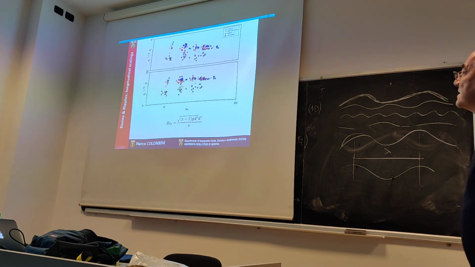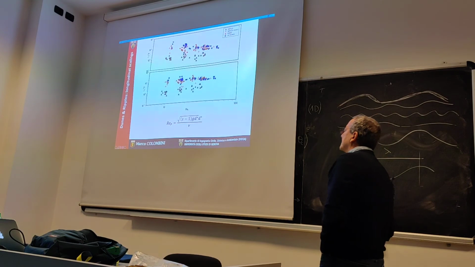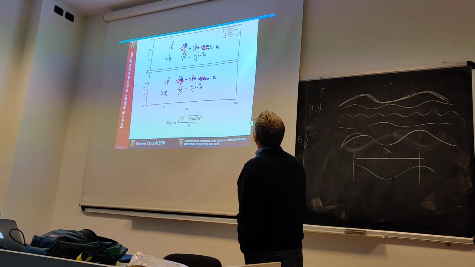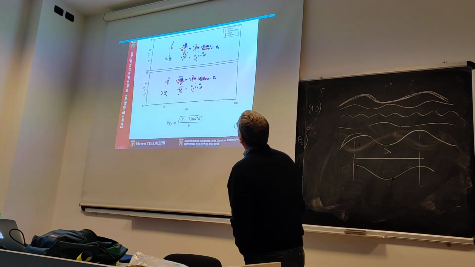Every point in this plot represents a run. It's a black triangle if they found ripples, a blue square if they found anti-dunes at the end of the experiment.